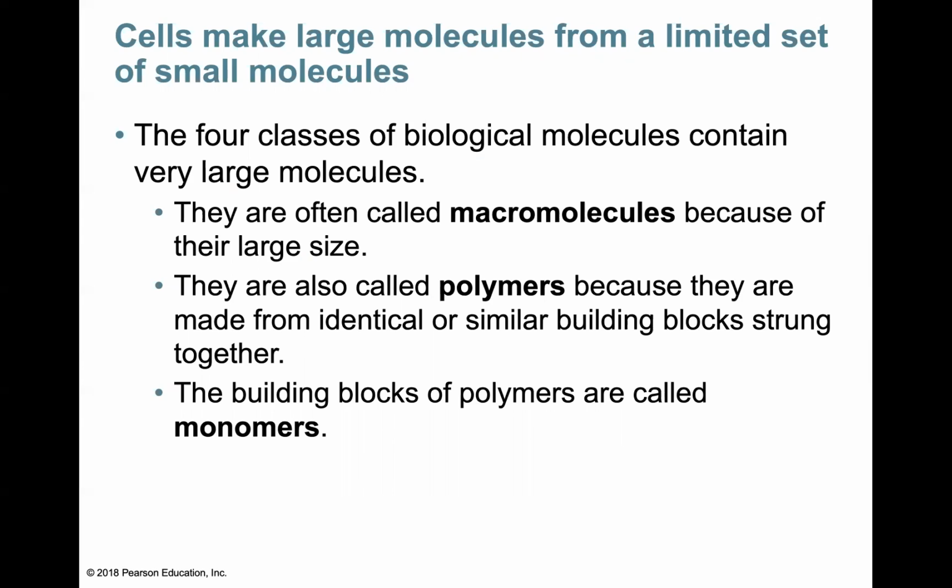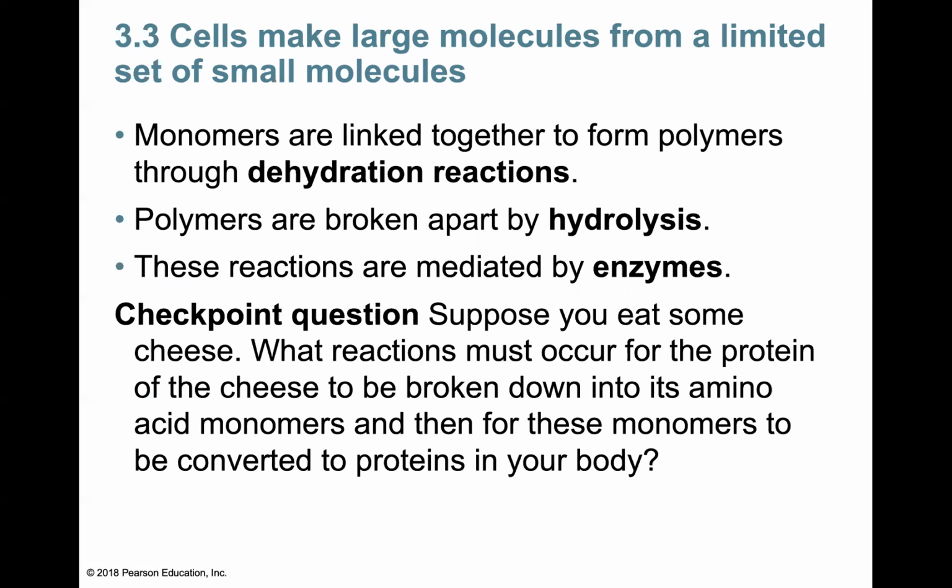For each of the 4 classes of biological molecules that we'll talk about, I want you to be able to identify the monomers that are used to make these larger, more complex polymers. Cells make these larger complex molecules from a limited set of small molecules.